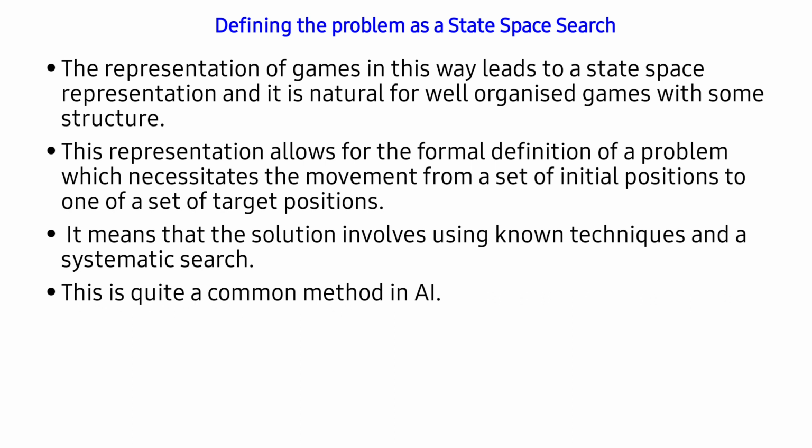This representation of games leads to a state space representation, and it is natural for well organized games with some structure. This follows the formal definition of a problem from the initial to the target. It means that the solution involves using a known technique and a systematic search, and this is quite a common method in AI.